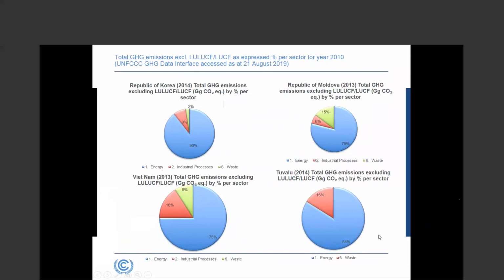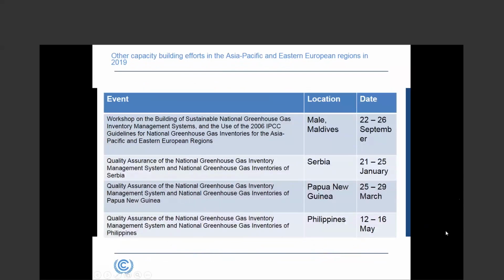Other than that, the emissions from other sectors differ by country. For example, for Vietnam, the second largest is industrial processes, but for Tuvalu, the second largest is from the waste sector. So it's very different how the GHG emissions were contributed according to different developing countries' national circumstances. Next slide, please.